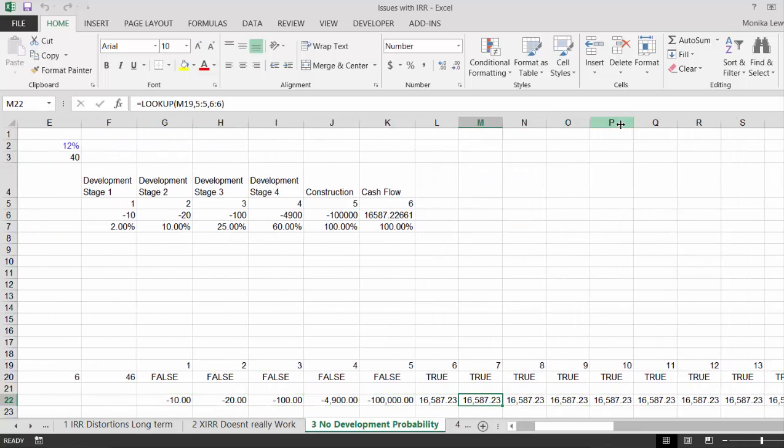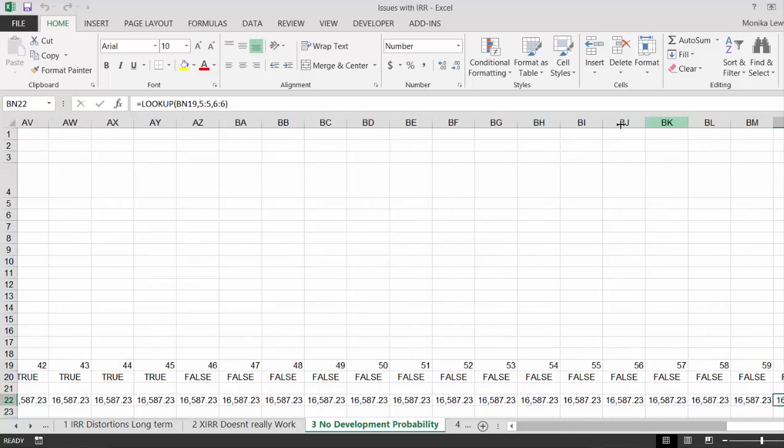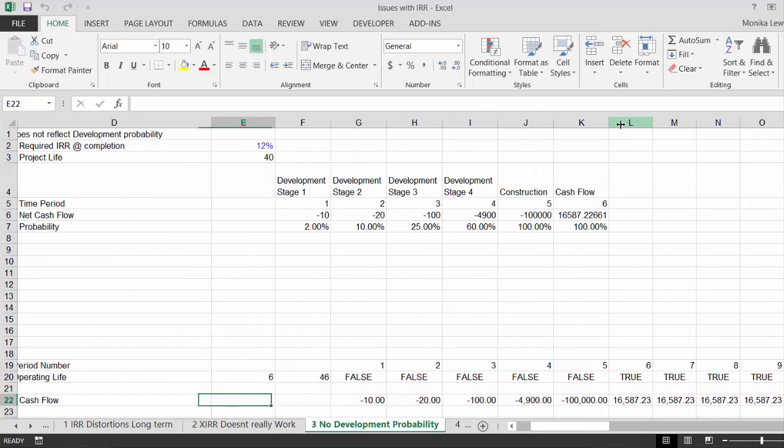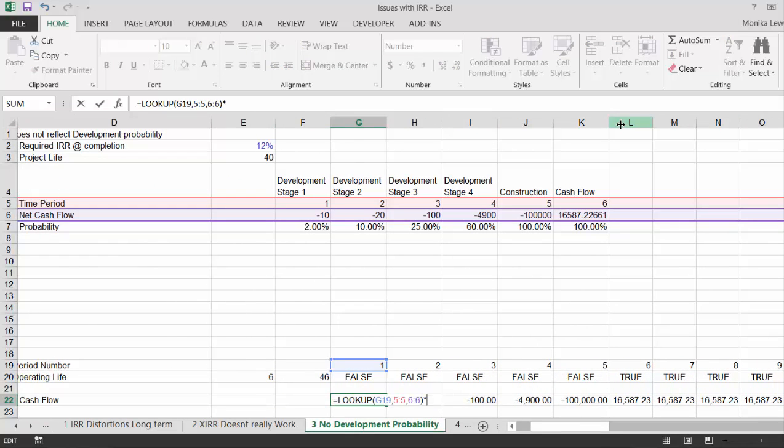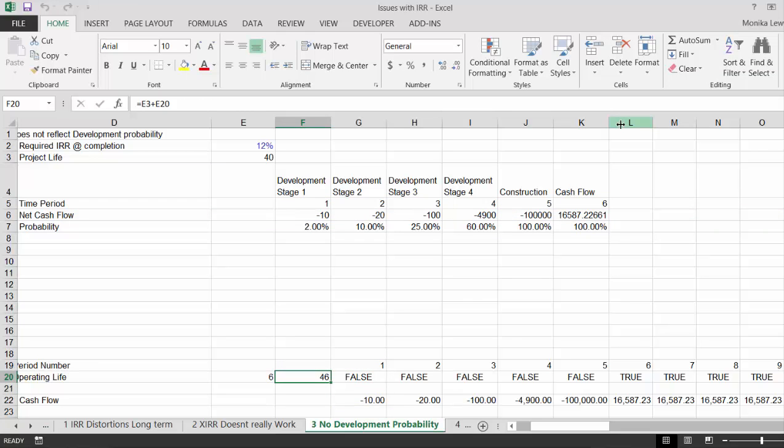Here's our development stage, and then our construction stage, and it goes too far out, so we should multiply this by, okay, this less than equal to.